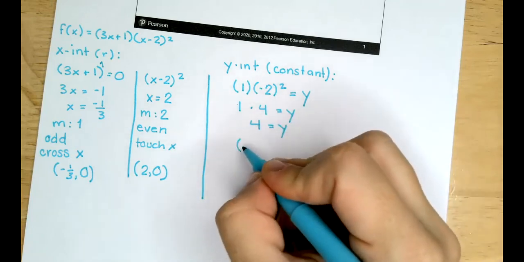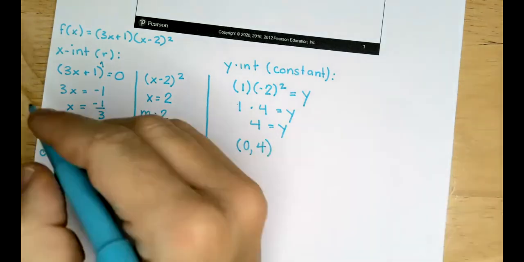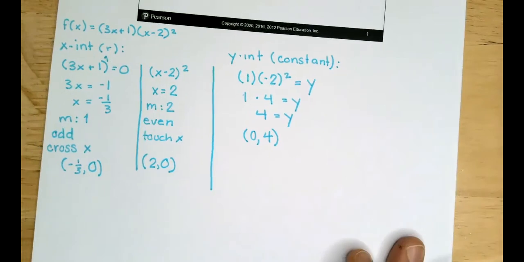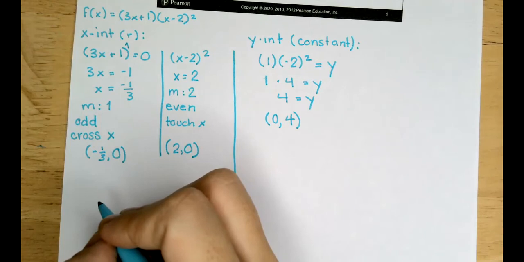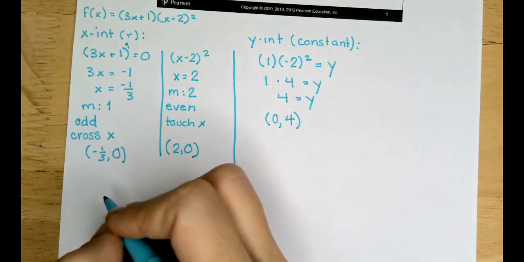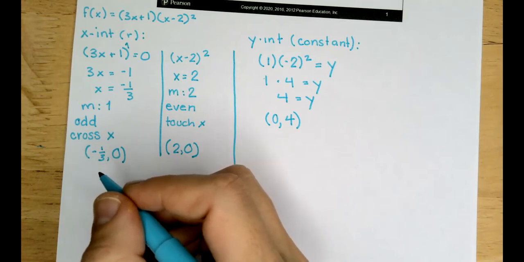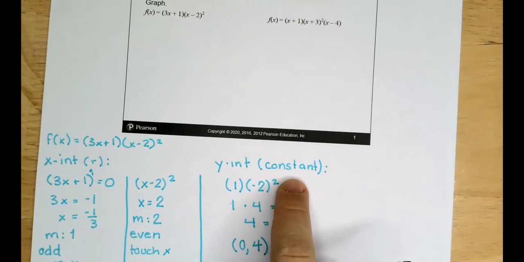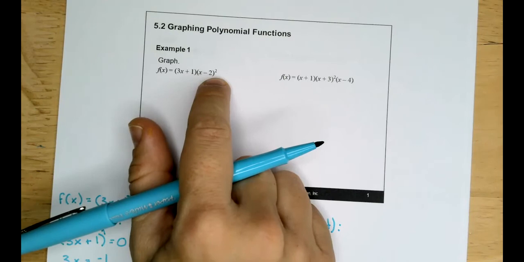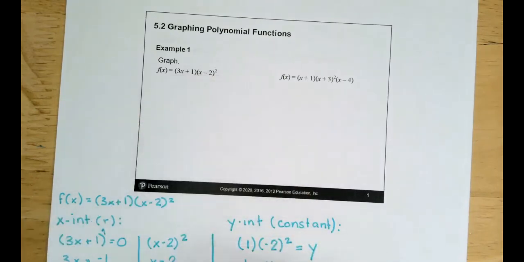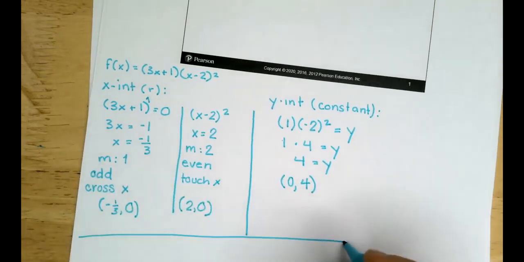So our y-intercept is 0, 4. Okay. So that's our x-intercept, that's our y-intercept, and then we have the leading term. The leading term will tell us the end behavior and the number of turning points. So for the constant, we just multiplied the last numbers, right? Any number without an x, we multiplied together to get the y-intercept. It's just a shorter way than foiling to find it.